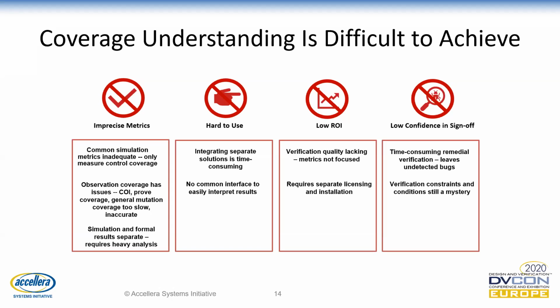So the current solutions, from the metrics point of view: the common simulation metrics are not always adequate, as they only measure the control coverage, so the activation side. Observation coverage is done in terms of cone of influence. General mutation coverage is too slow.